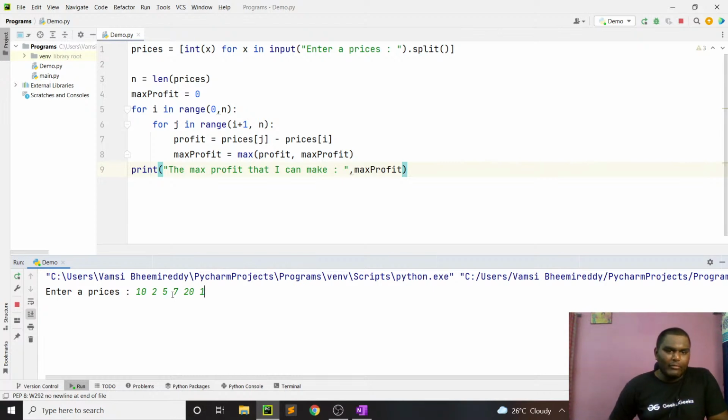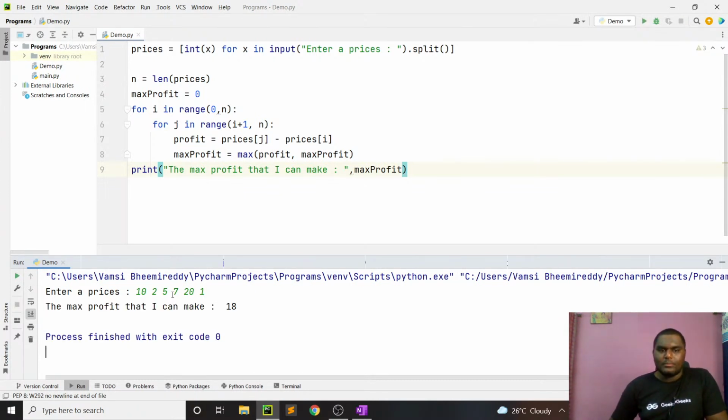The maximum profit is 18. If I buy at price 2 and sell that stock at price 20, I can make 18 profit, right? So this is how you can solve this particular problem.